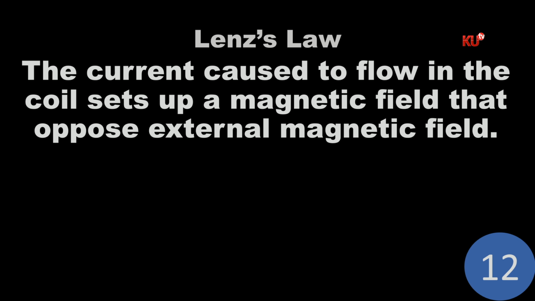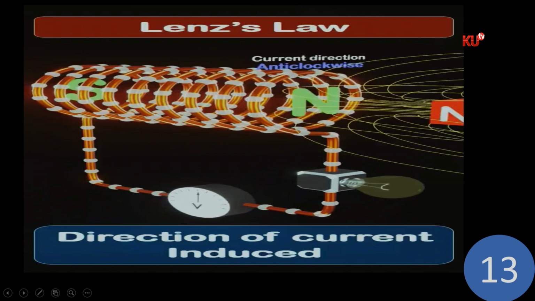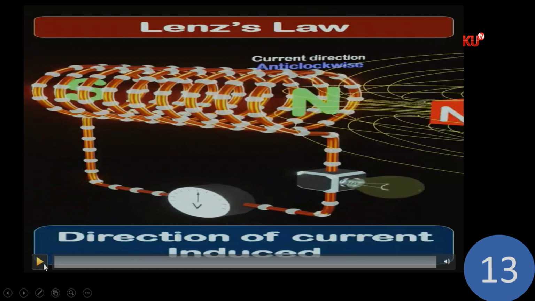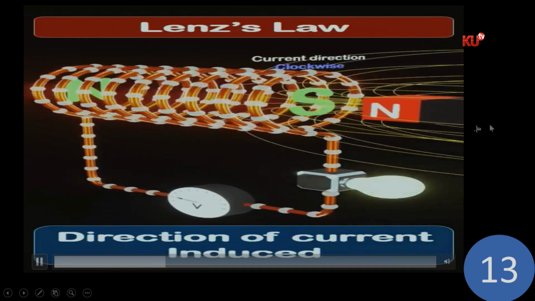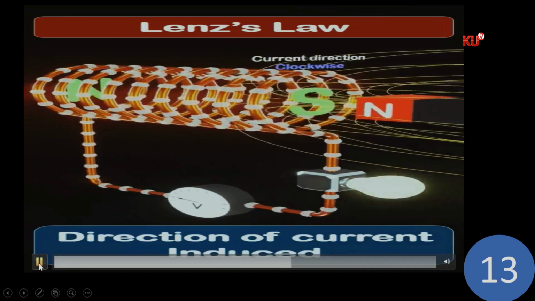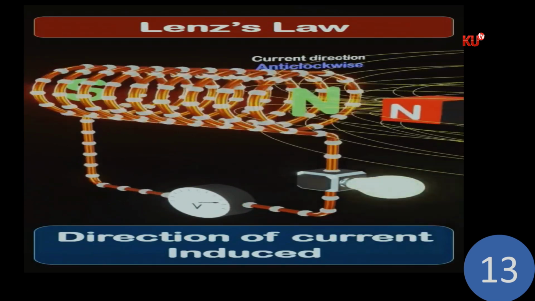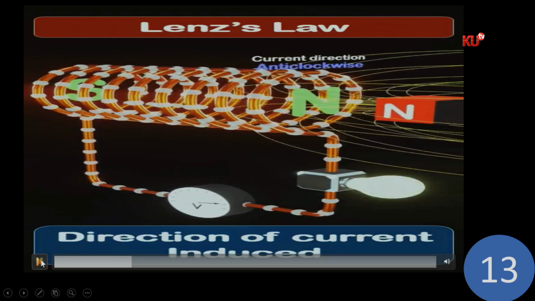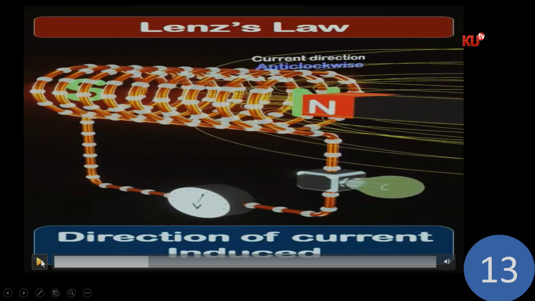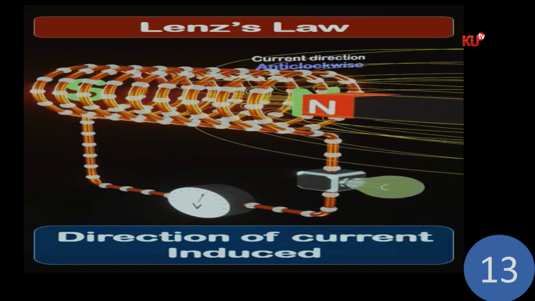Now, to illustrate that, it is good we simulate Lenz's law. So at that point, we see a magnet moving into the coil, and the current displaces anticlockwise.